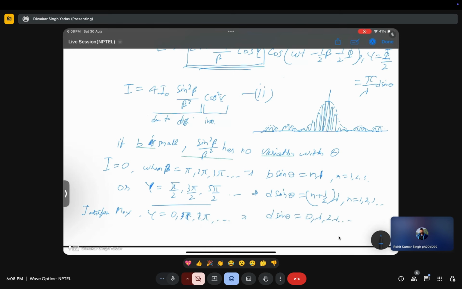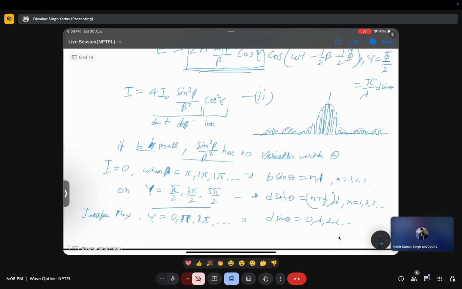Okay. Now one interesting thing is there. What happens when this is satisfied, and also b sine theta is equal to lambda, 2 lambda, 3 lambda?